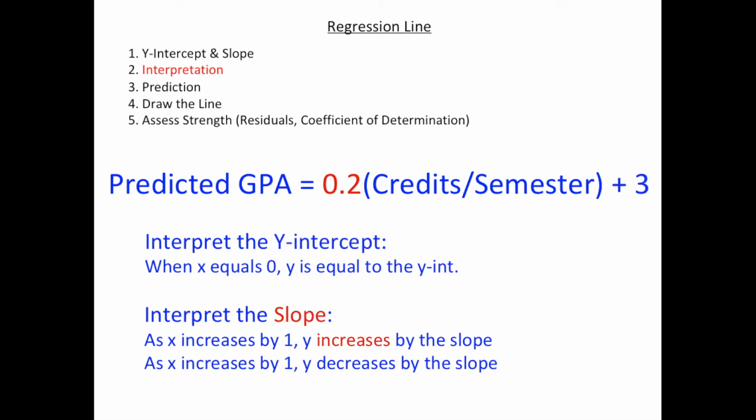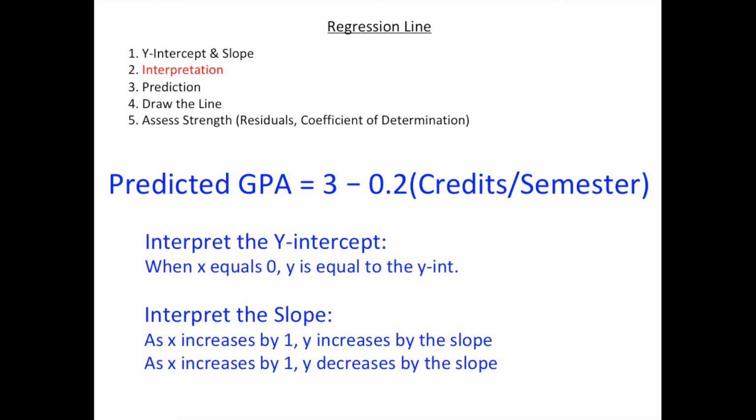Now, as for the slope of this equation, it's a positive value, so it's going to be increasing. So we would state that as a student increases their credits per semester by 1 unit, then the predicted GPA is going to increase by 0.2. So if we look at another example, you may also have an equation where your slope is negative and it's not in the form of y equals mx plus b.